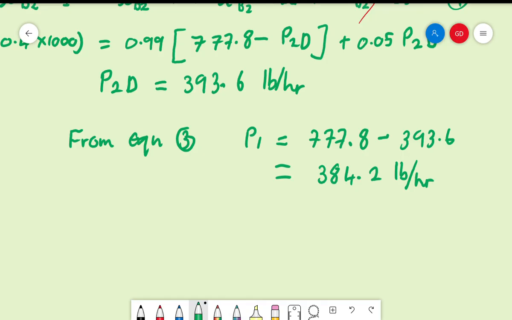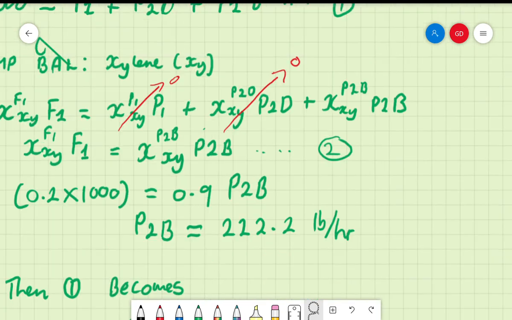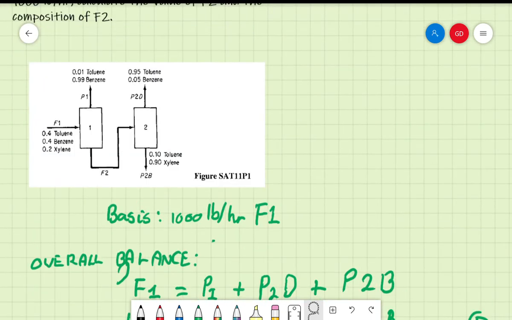Okay, so now we know all the variables. So what's left to find now is to just proceed and get the variable that we actually need. So which variable do we need? Okay, we want F2. So now it's easy for us to actually get it if we go back to our process flow diagram here.